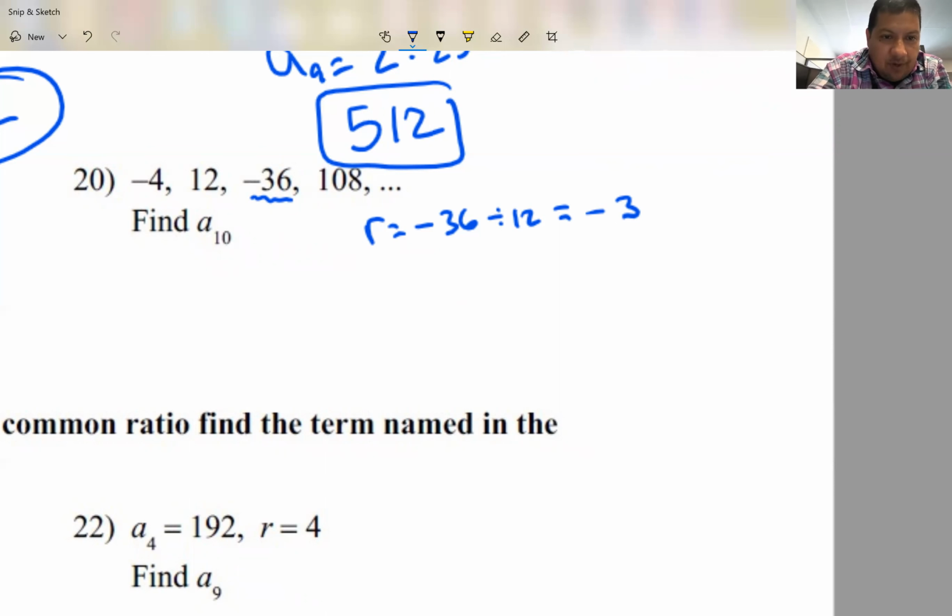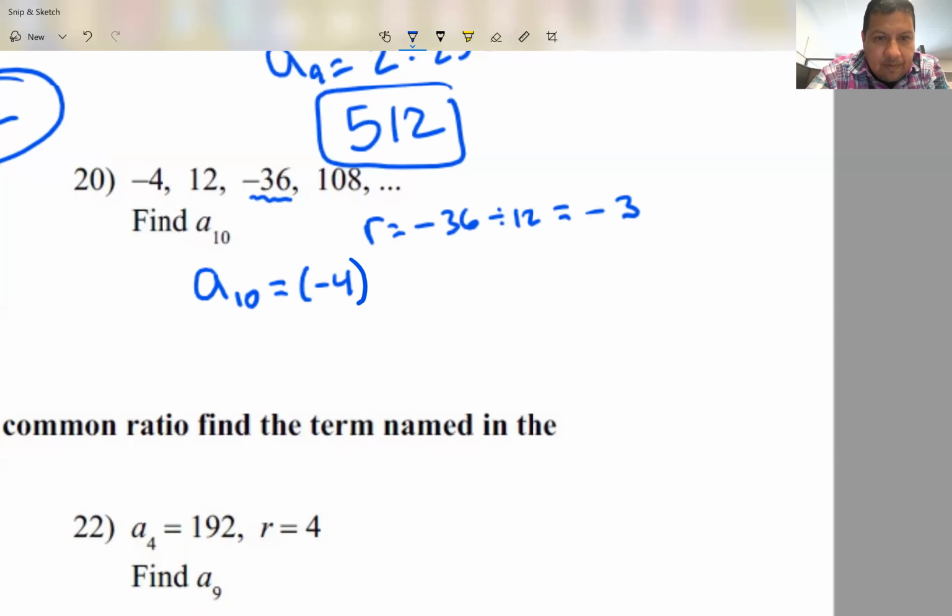Like I said, any number divided by the previous number. So the way I'm going to find my 10th number on the list, I'm going to start with -4, because that's my first number. I always have to use my first number times -3. I'm going to multiply this 9 times. All right, so let me find out what this is.